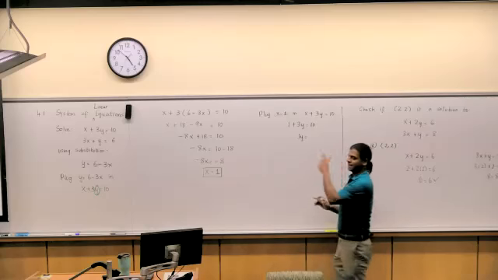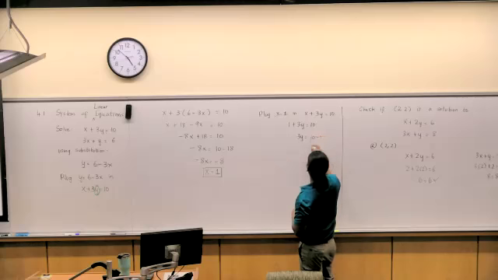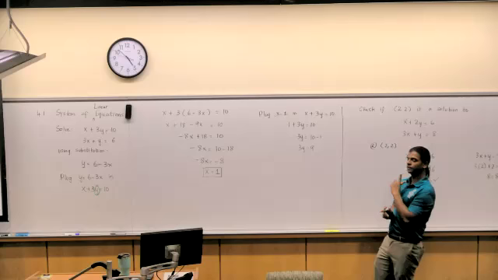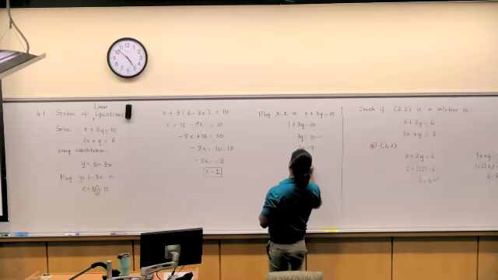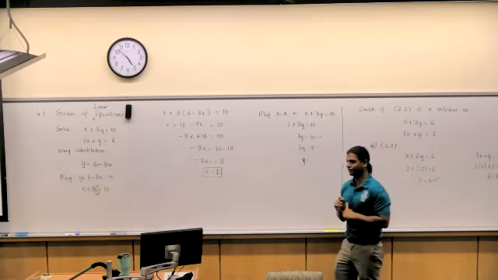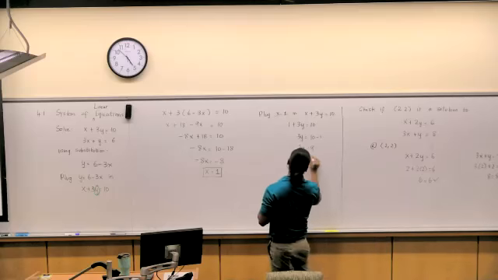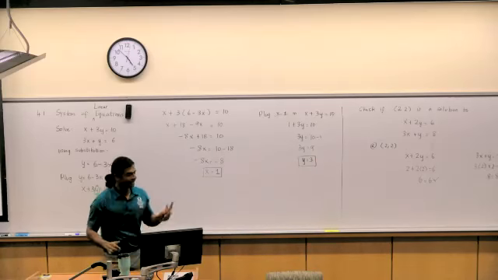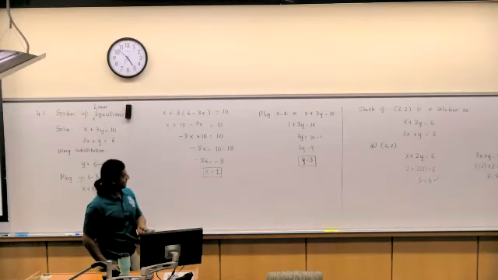If you move the 1 to the other side, 3y would equal 9. If 3y is equal to 9, what is y? Divide by 3 on both sides. What is 9 over 3? 3. So the solution to this system is x is equal to 1 and y is equal to 3.